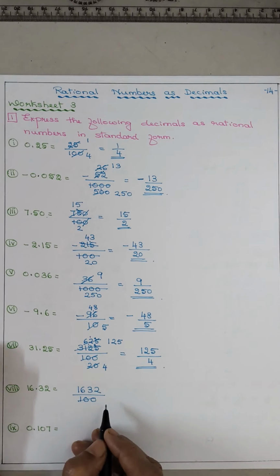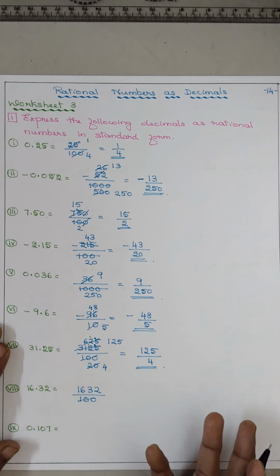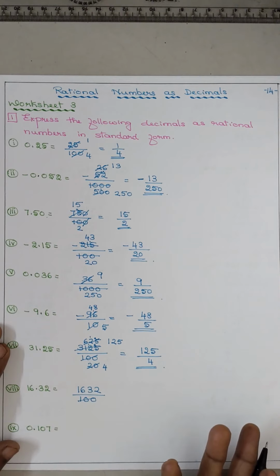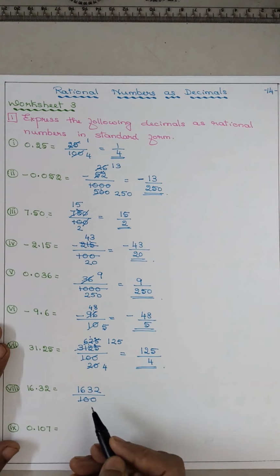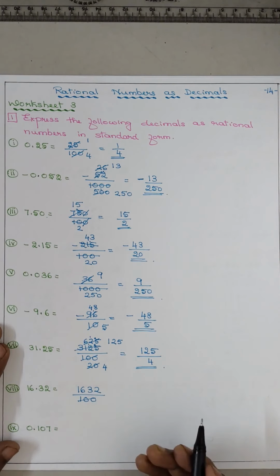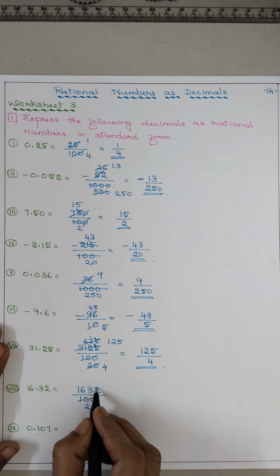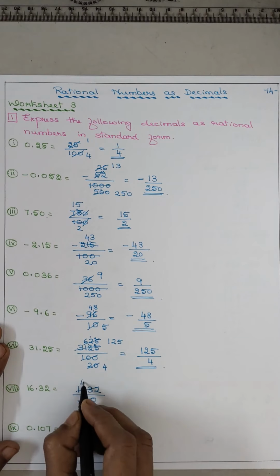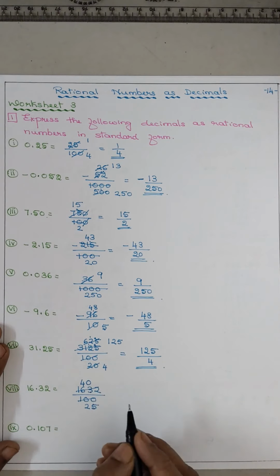Even 4 also you can take, isn't it? 1632: remember the divisibility test for 4, the last 2 digits should be divisible by 4. You know 100 is divisible by 4. So 4 25s are 100, 4 4s are 16, 3 is small, so 0.